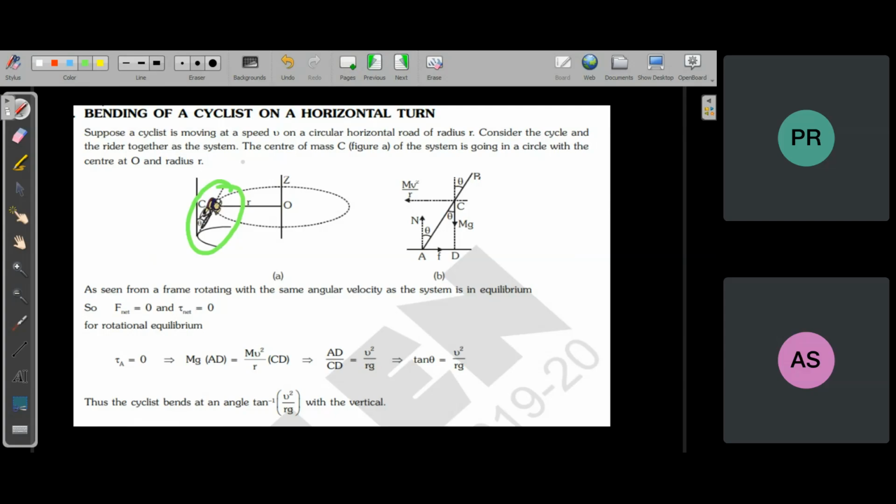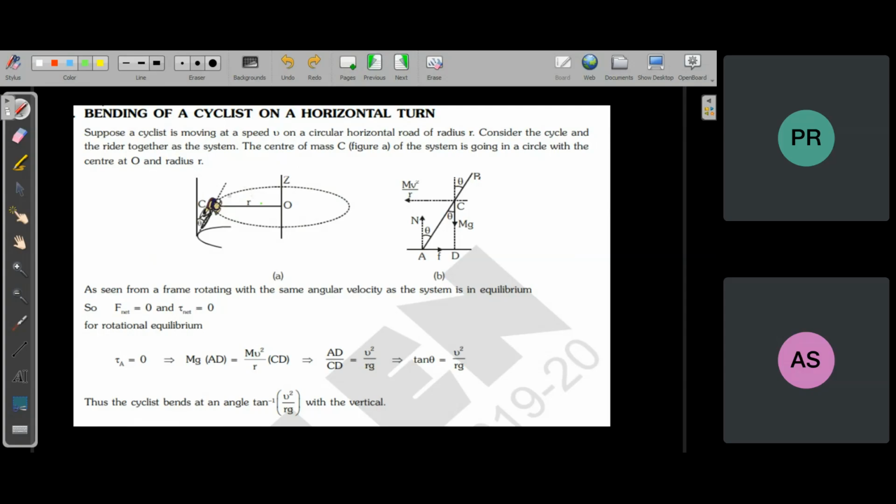Then only it will be balanced, right? If you try to take a circular turn and you decrease the speed, a moment will come when the cycle will just fall. The cycle cannot be in rotational equilibrium if the speed is very, very low.